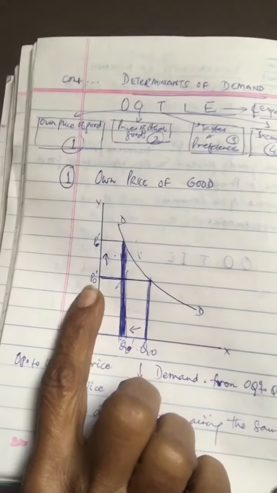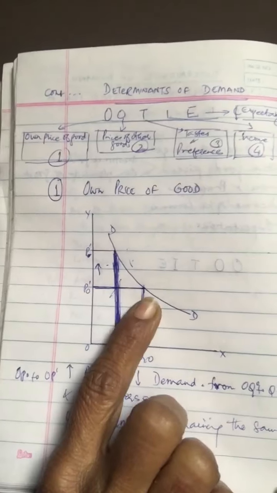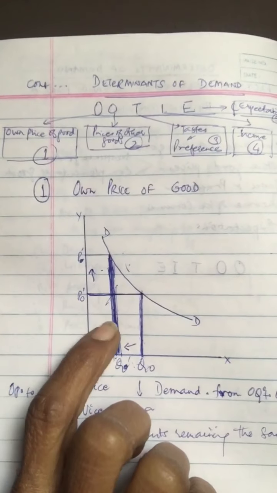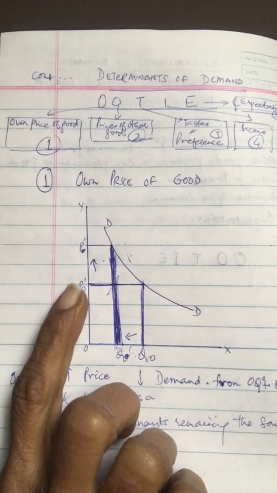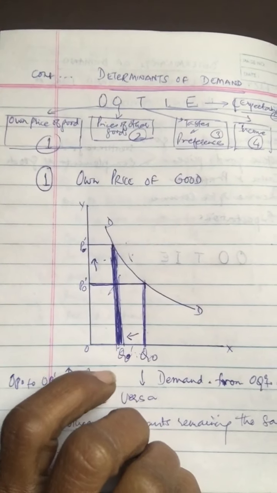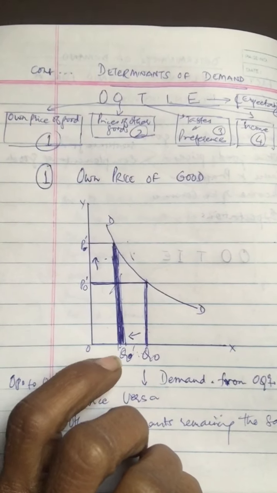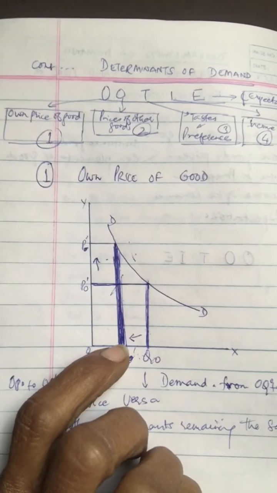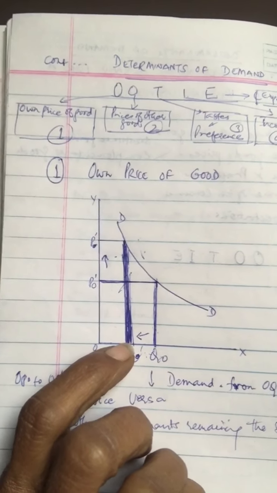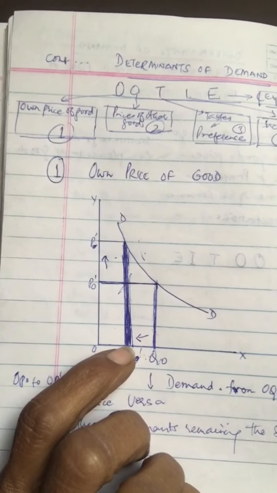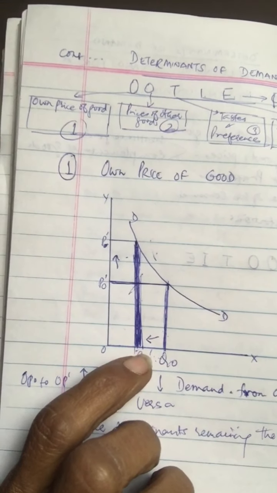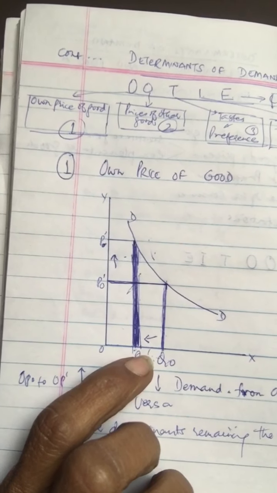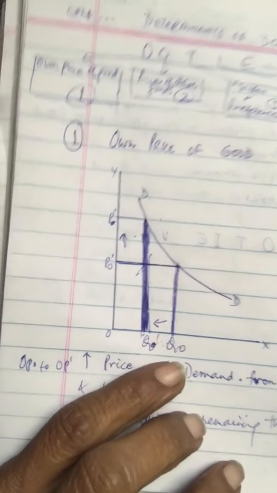From OP0, the price increases to OP1, so the demand decreases. So there's a fall in demand, or there's a contraction of demand. So this is one determinant. Higher the price, lower the demand, and vice versa, other determinants remaining unchanged.